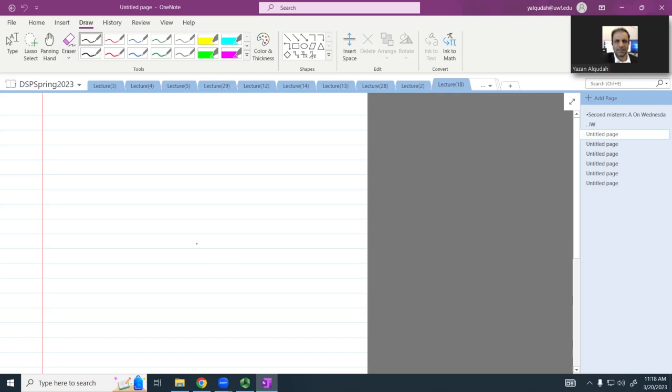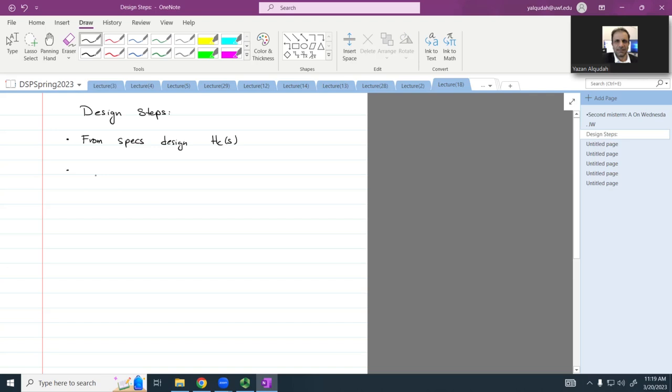Okay, so with that, let's look at the design steps for designing an impulse invariance filter. So from the specifications, we're going to design Hc(s). So again, a Butterworth, a Chebyshev, any filter that you like.